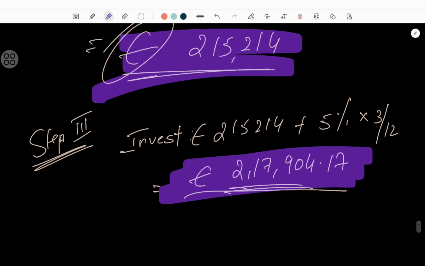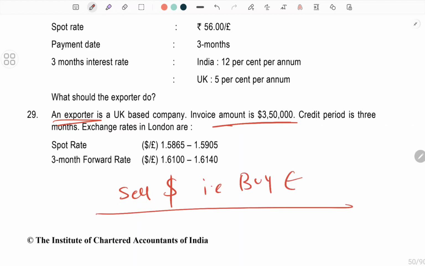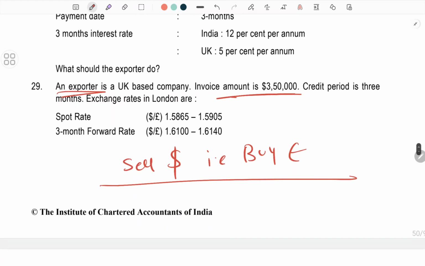So let's do the easy part now, which is the forward rate. See, for forward rate, exporter means receivable, once again $350,000. So after 3 months, when I receive $350,000, I will sell this. So sell dollar, that is nothing but buy pounds. Once again I'm repeating the same thing, because it will be used in the forward rate as well. So now you focus on this rate, forget the spot. 3-month forward rate. So buy pounds.